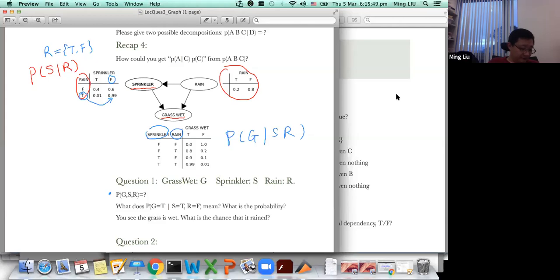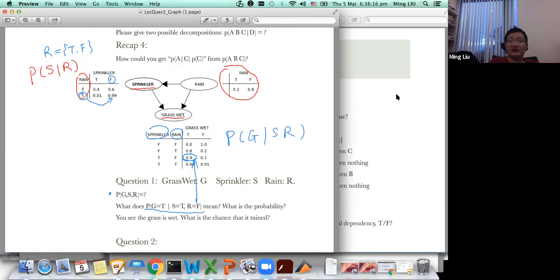And then what does this one mean? Basically, this guy is this one. So S is T, R is F, then G is T. This is 0.9.